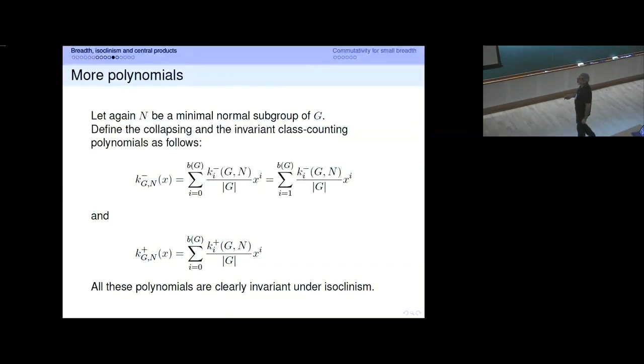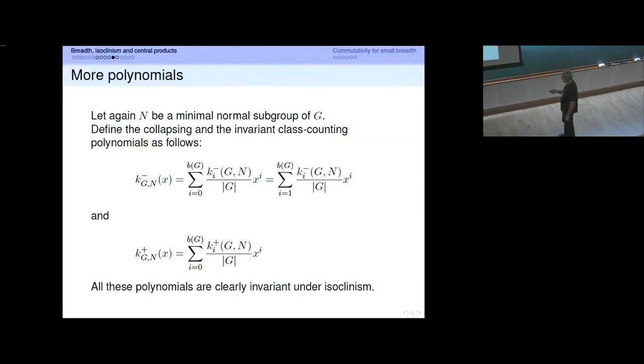Observe that it doesn't matter if I start summing from 0 or from 1, because of course the central classes do not collapse, cannot reduce their order. And similarly, I define the invariant class-counting polynomial here. And again, since their coefficients are isoclinic invariants, the polynomials are invariant under isoclinism.